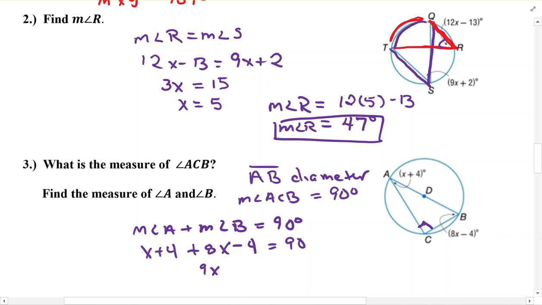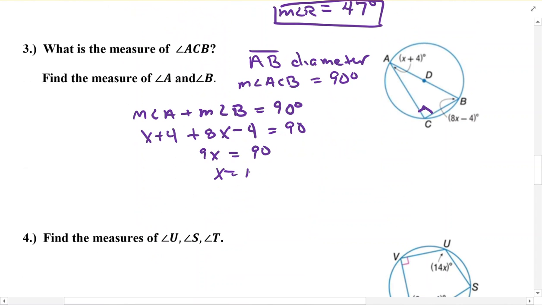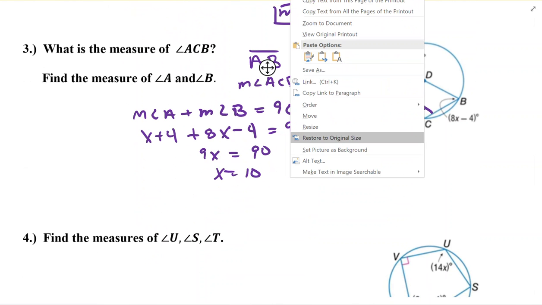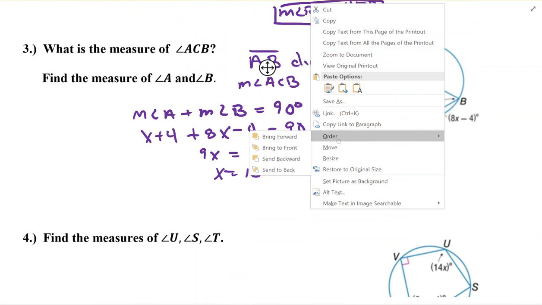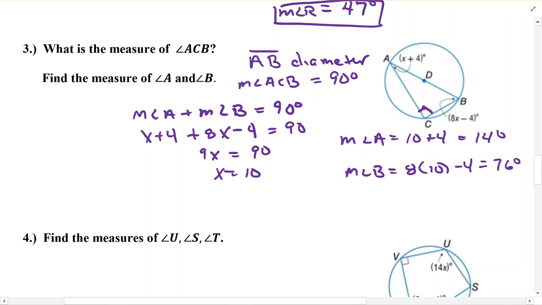So that's 9x plus 4 minus 4 is 0 equals 90. So x equals 10. The measure of angle A equals 10 plus 4, which is 14 degrees. The measure of angle B equals 8 times 10 minus 4, which gives us 76 degrees.